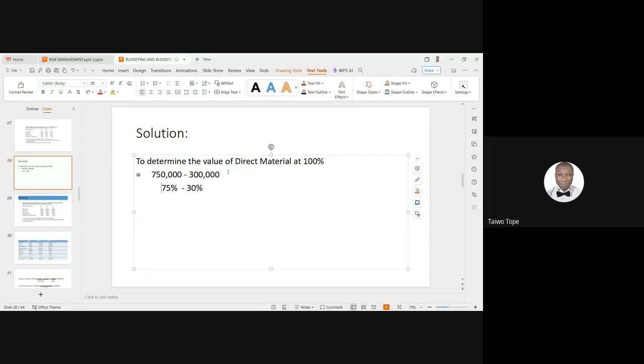When you use your calculator, 750 minus 300, you have 450, that is 450,000. 75% minus 30% you have 45%.